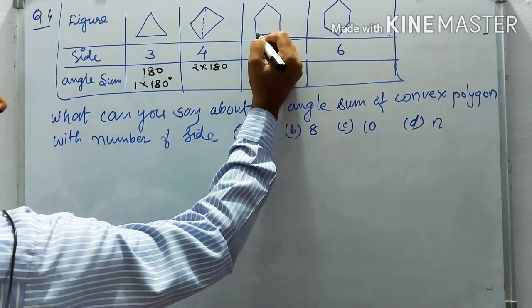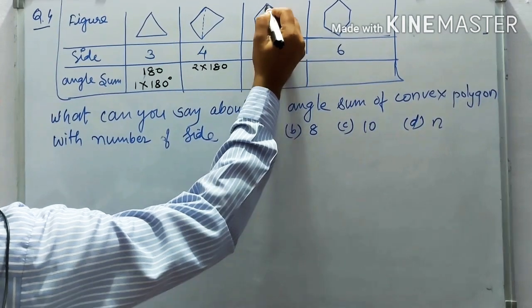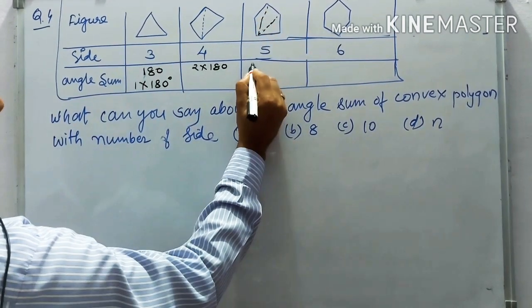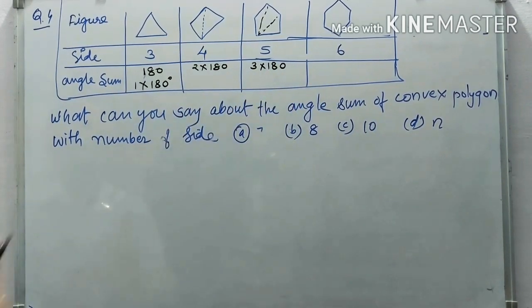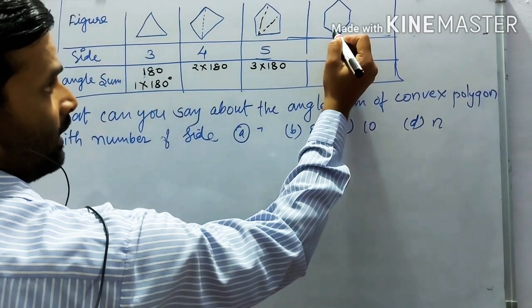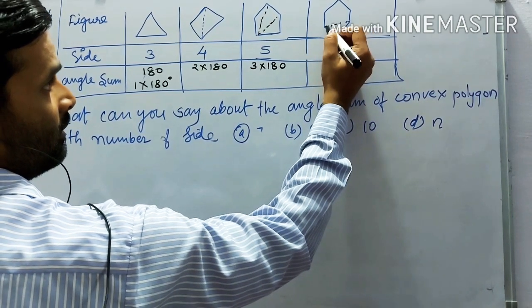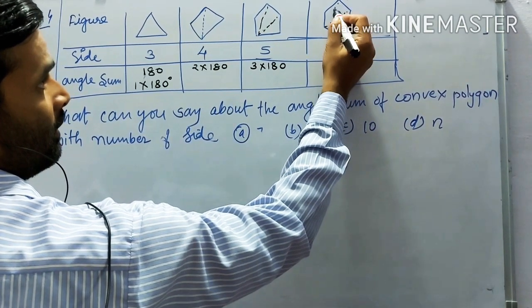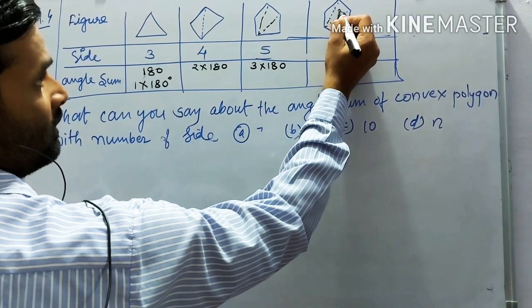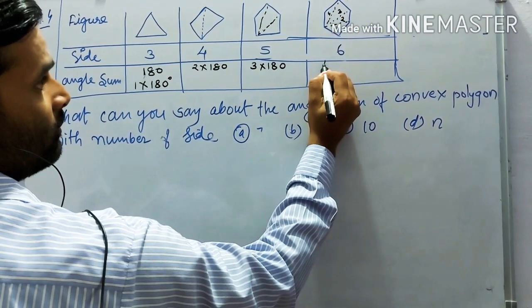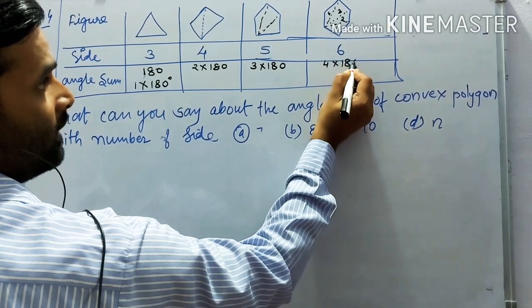Here how many triangles? 3 triangles, so 3 into 180. Here is a hexagon divided into how many triangles? 1, 2, 3, 4. That is 4 into 180.